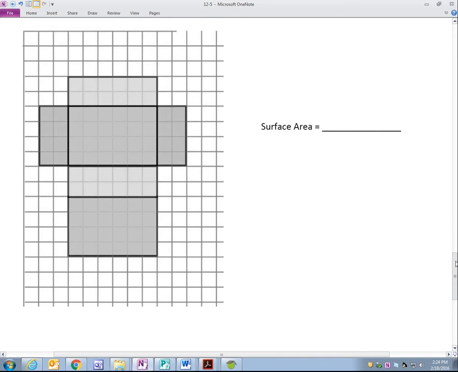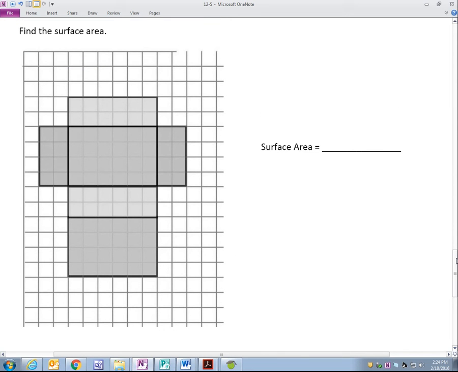So in order to find how much surface area they have, which is how much area the surface takes up, we would count how many squares are in there. And as you know, to find the area of rectangles and squares, you do length times width.